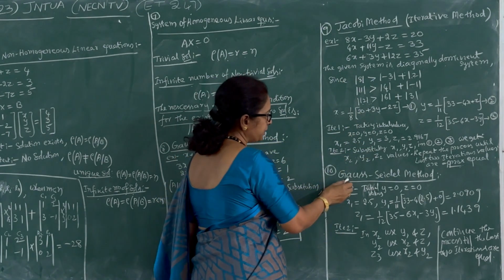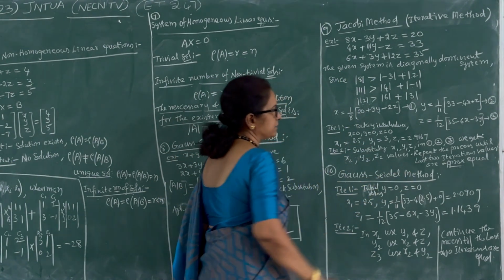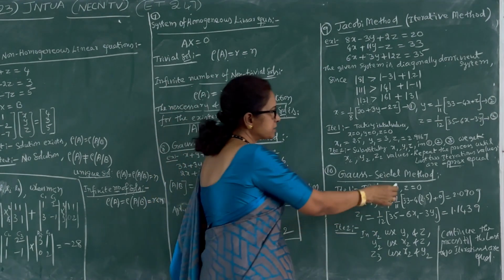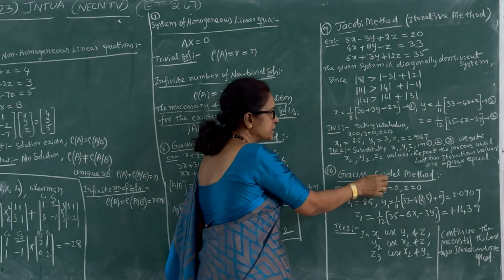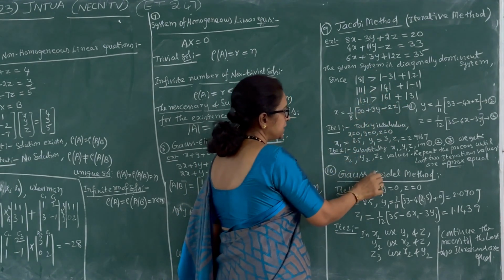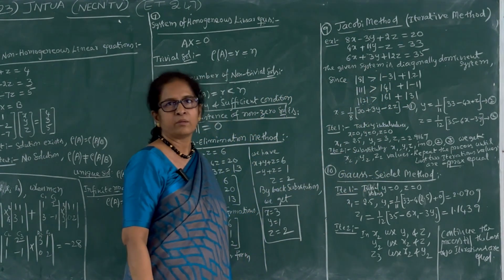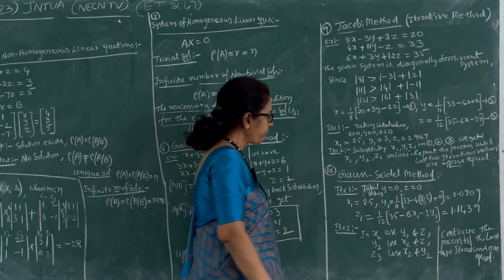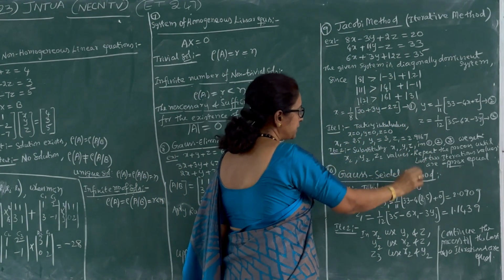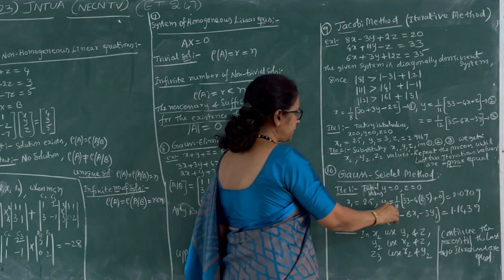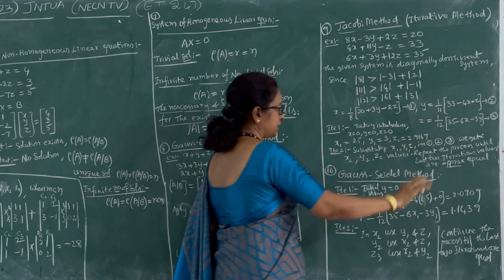Next, last topic is Gauss-Seidel method. This is also an iterative method, and in this method also we have to check whether the given system is a diagonally dominant system or not. After checking this, the given system must be diagonally dominant, then only we can apply Gauss-Seidel method.